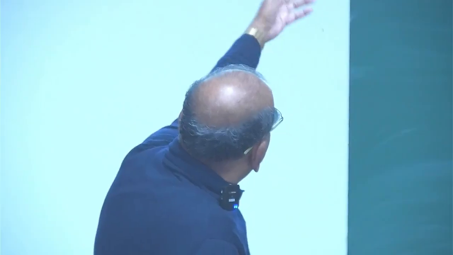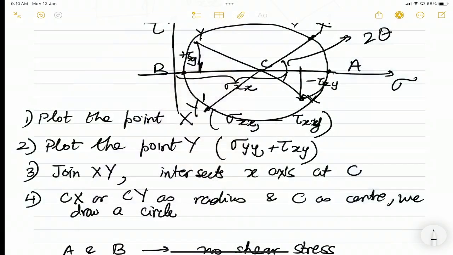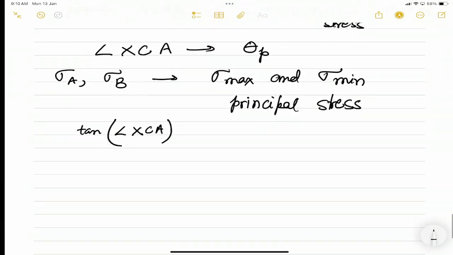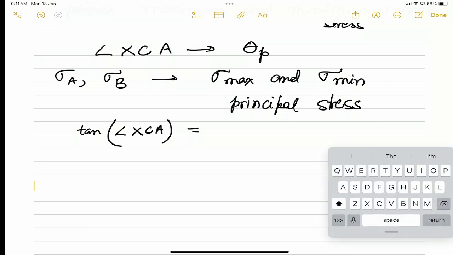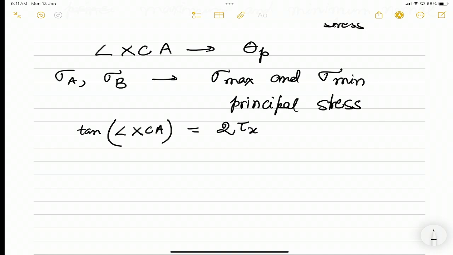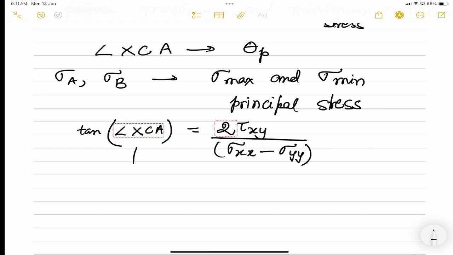Tangent of this is tau xy divided by this distance from the x coordinate of this point to C. So therefore we can get here, this will be nothing but equal to 2 tau xy divided by the difference, so one can find principal axis like this.